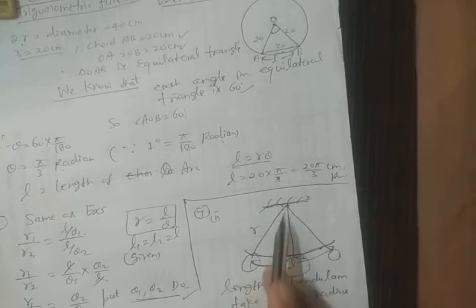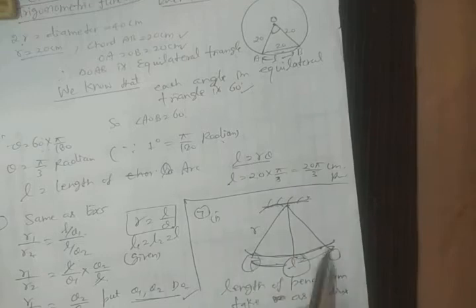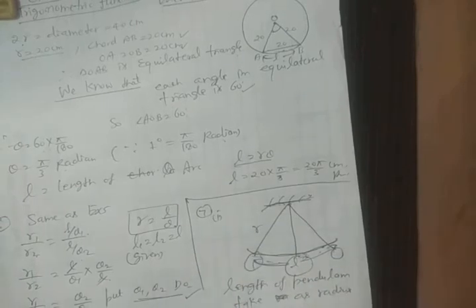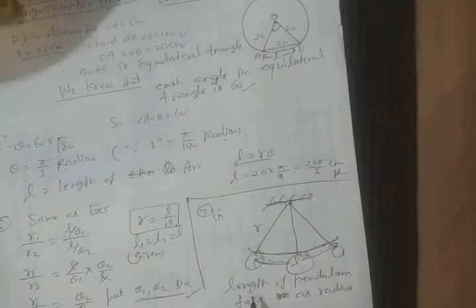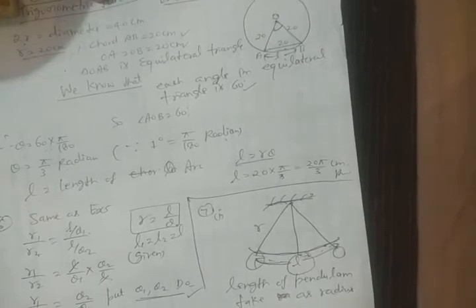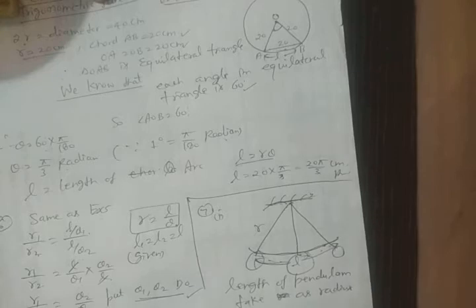Length of pendulum works as the radius of circle and pendulum swing covers the length of arc, that is L. So length of pendulum is considered as R, that is radius, which is 75 centimeter, and it swings to describe an arc of length 10 centimeter in first case. So L is equal to 10 centimeter. We have to find theta, that is L upon R. Put the value of L and R, that is 2 upon 15 radian.